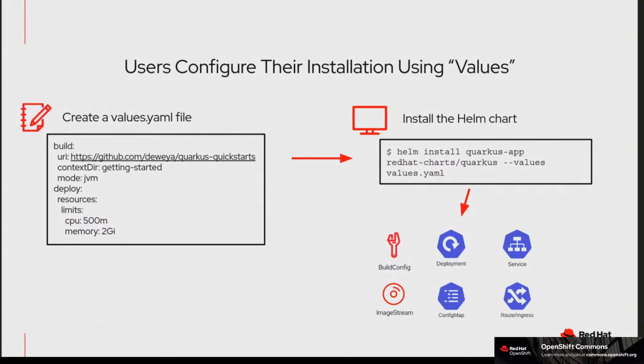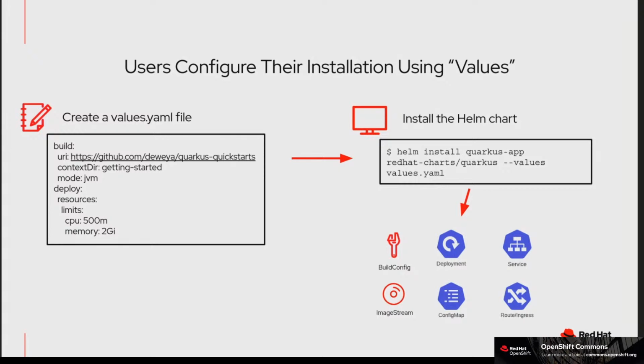So users interact with their installation and they configure it using what's called values. So values are just parameters, essentially, but what you do is you create a values file. That's when you go in and you actually create your different parameters. So the build URI, I have my Git repo there, my context dir within that, my build mode, which is really cool. We'll actually get to that one, and then my deployment resources.